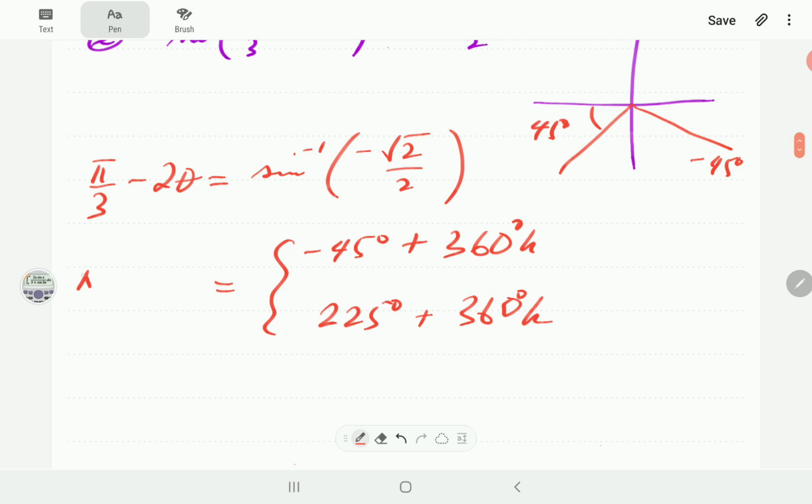but remember that this is not theta, this is pi over 3 minus 2 theta, so we still have to solve for theta. I think it's going to be helpful if you write that pi over 3 in degrees. So that is what I have done.